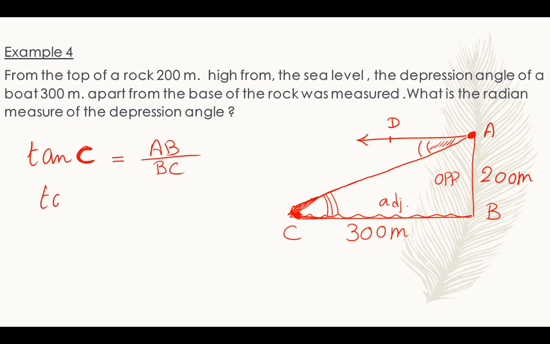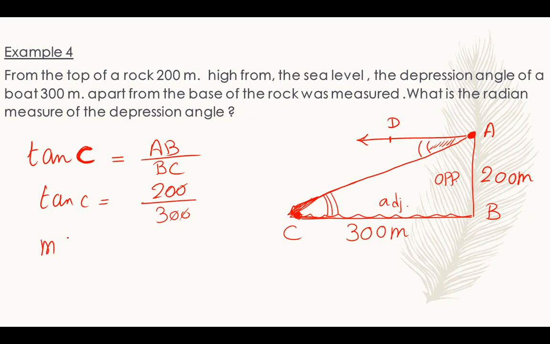So tan C equals 200 over 300. Here 2 zeros cancel 2 zeros, so tan C equals 2 over 3.